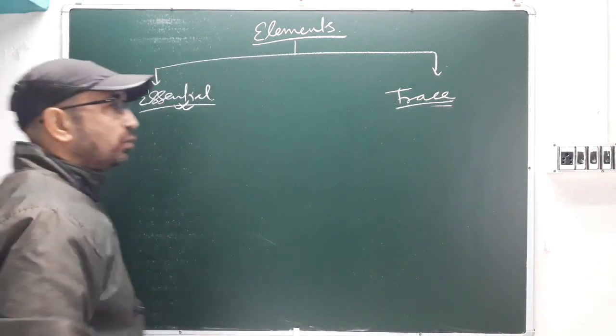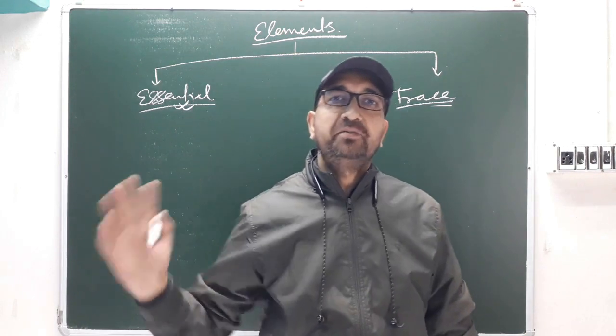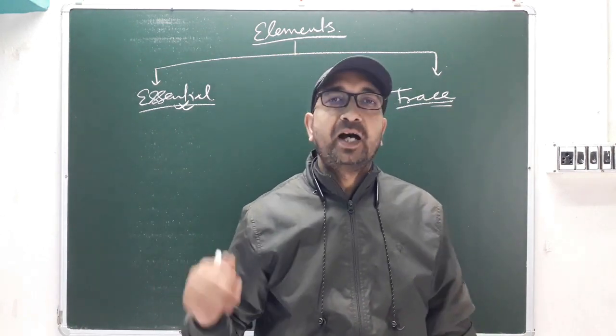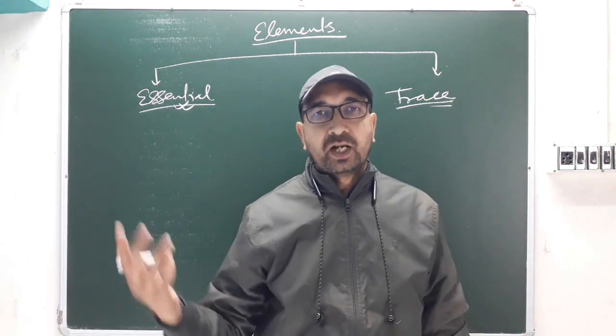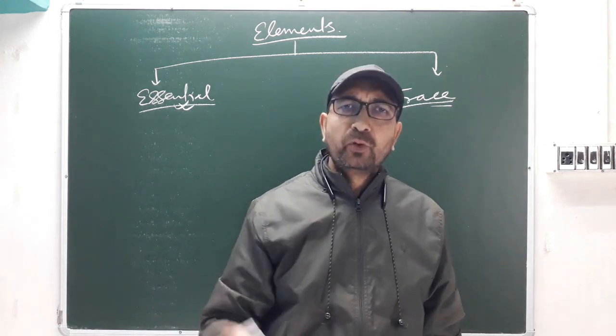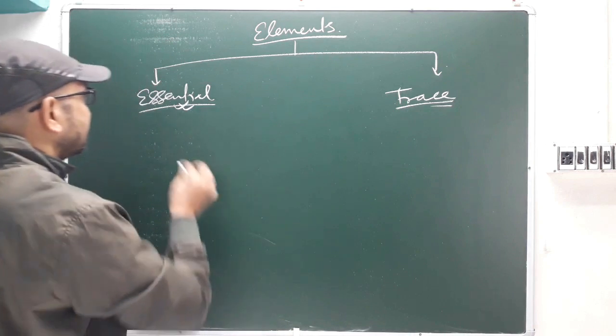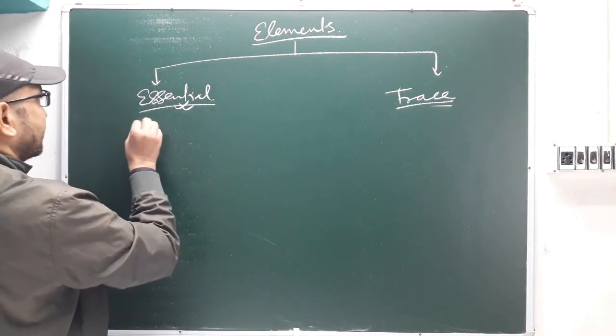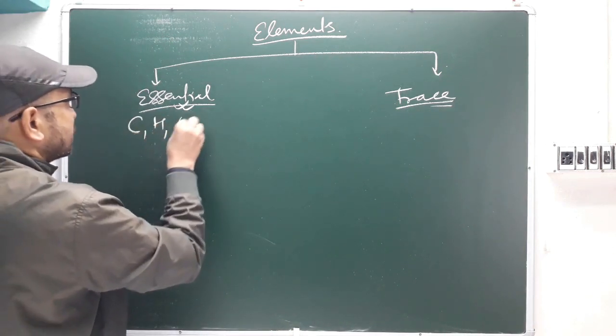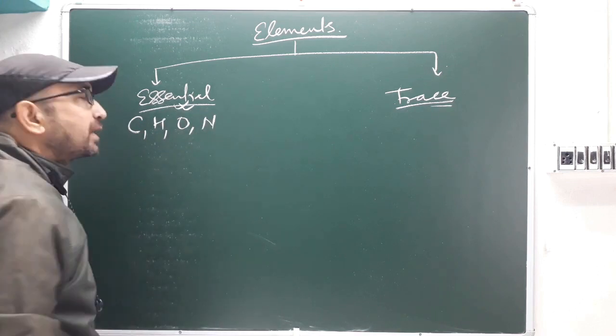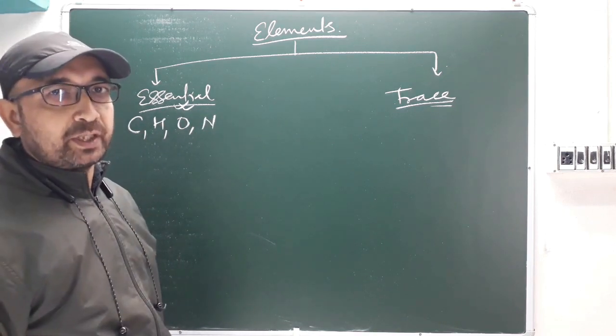Whatever our body is made up of is carbon, hydrogen, oxygen: glucose, carbohydrate, protein, and we take in dioxygen. So we can categorize them as carbon, hydrogen, oxygen, nitrogen. These are the major elements which we need.